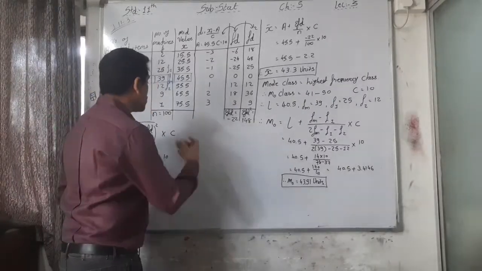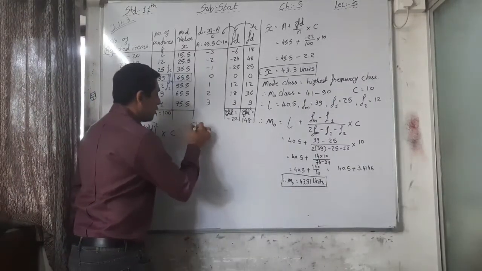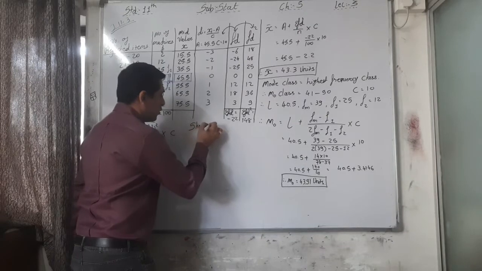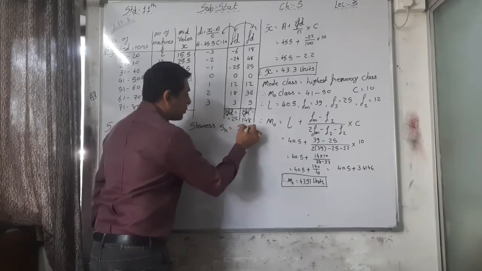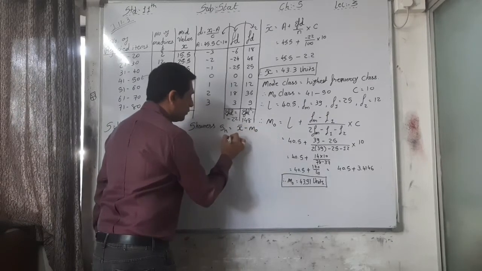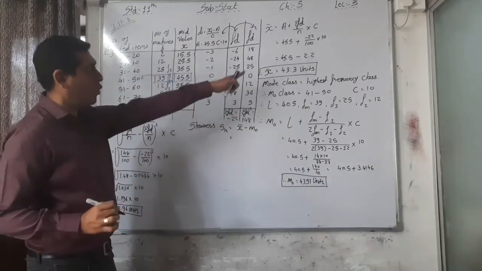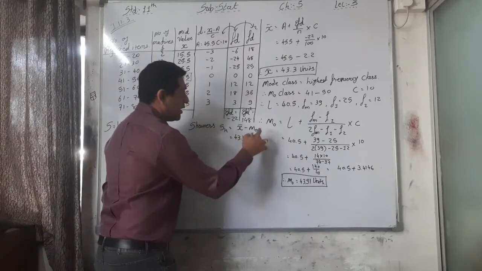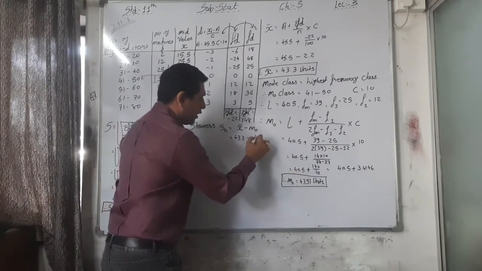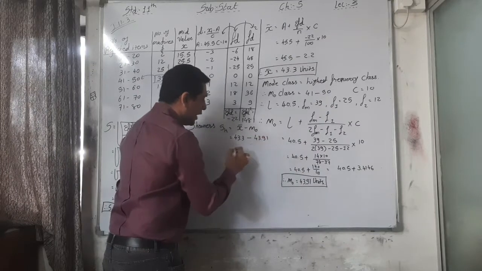Okay, so the skewness, that is Sk is equal to X bar minus MO. X bar is equal to what? 43.3 minus 43.91.